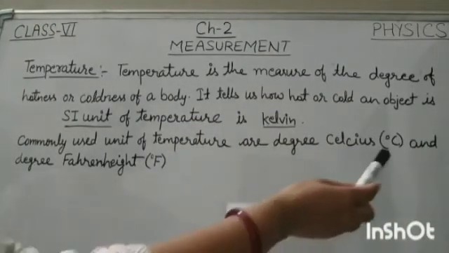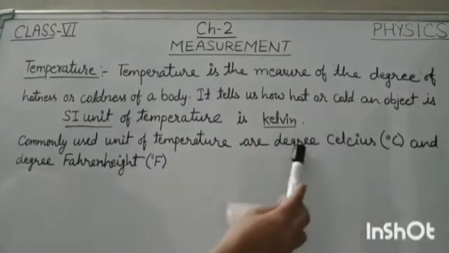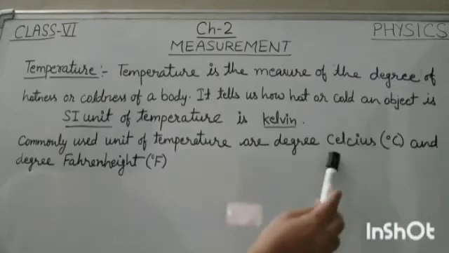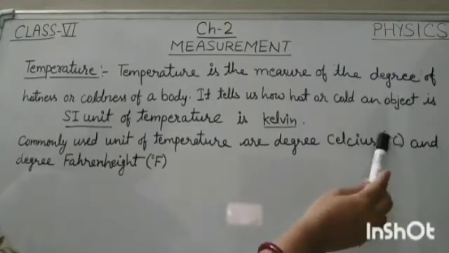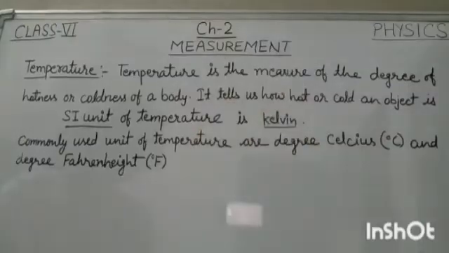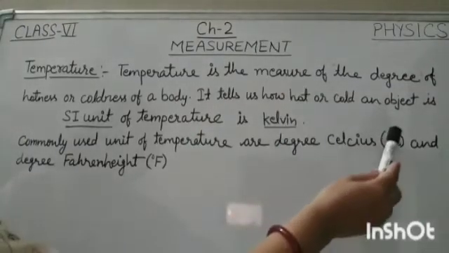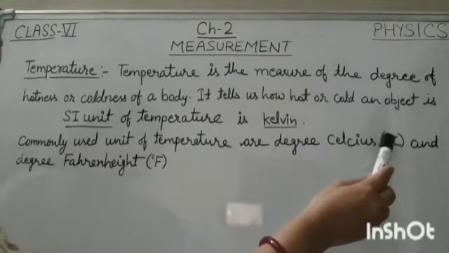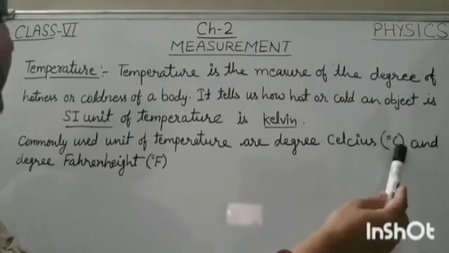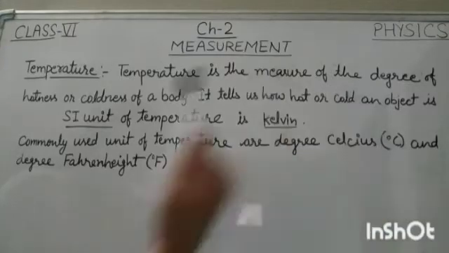If we read it as degree Celsius, and if we write the word degree Celsius, then we do not use this small circle sign, because it itself is called degree. Otherwise we can write this small circle and after it C, and this is read as degree Celsius.